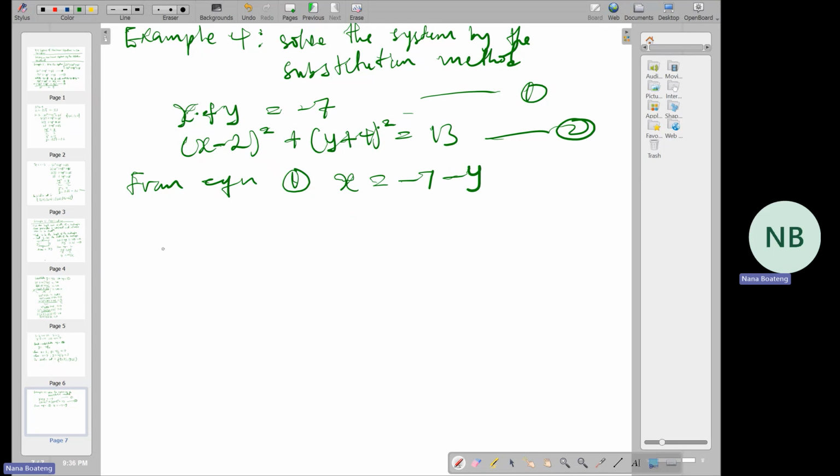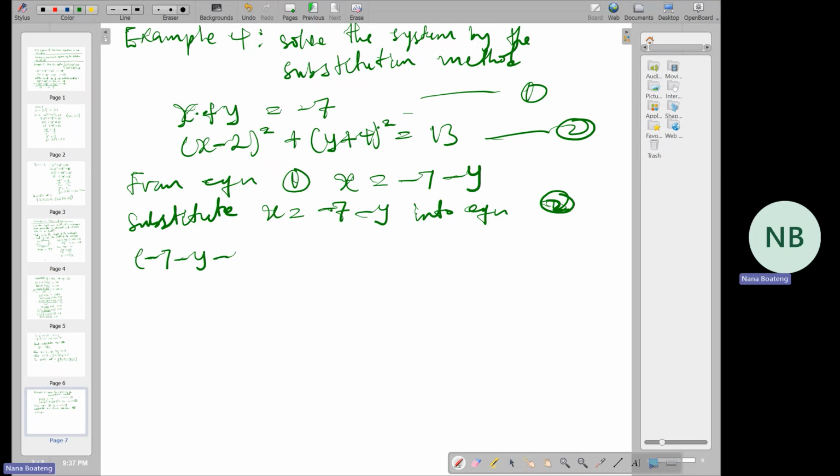If we substitute x is equal to negative 7 minus y into equation 2, then we'll have negative 7 minus y minus 2 squared, plus y plus 4 squared is equal to 13.